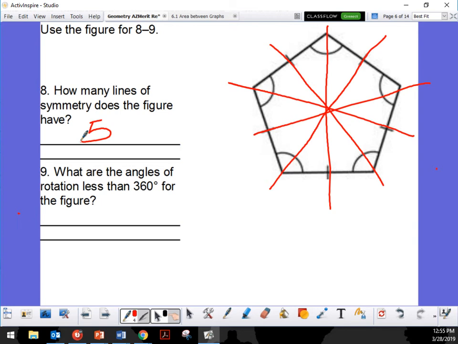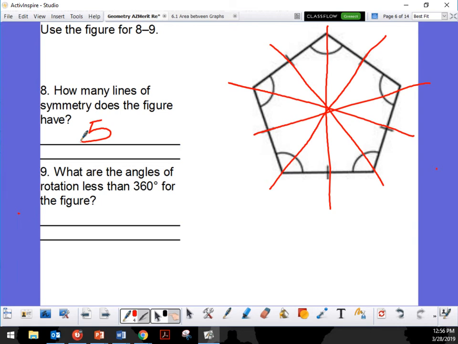What's the angle of rotation less than 360 for the figure? Do you guys recall what we did with this? There was a special thing we had to do, and it starts with 360. Yeah, that's a whole rotation, right?